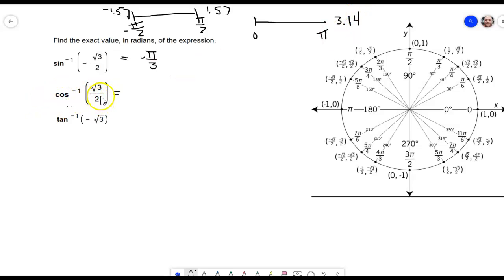Cosine is the x value, so I'm looking for a root 3 over 2. And that is right, the x value, root 3 over 2 is there. So that's going to be pi over 6. It's asking for it in radians. That's my answer, right? And pi over 6 is certainly between 0 and 3.14. Let's just check.